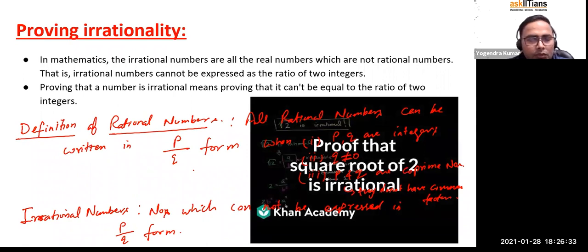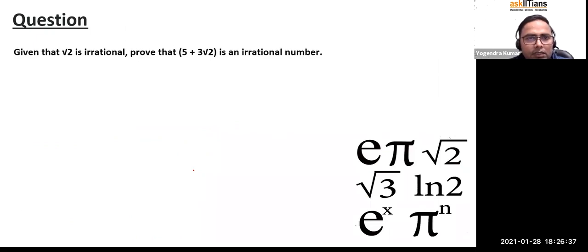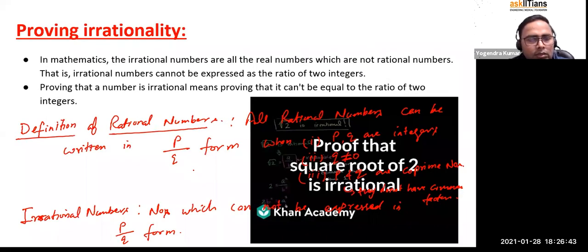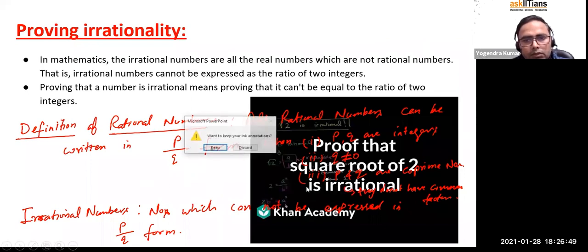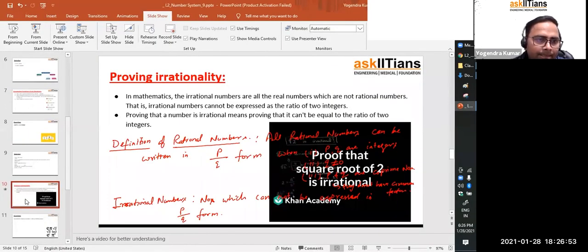So now we need to do the proof of this. Let me take another page to explain it, because I want to explain one question in detail.